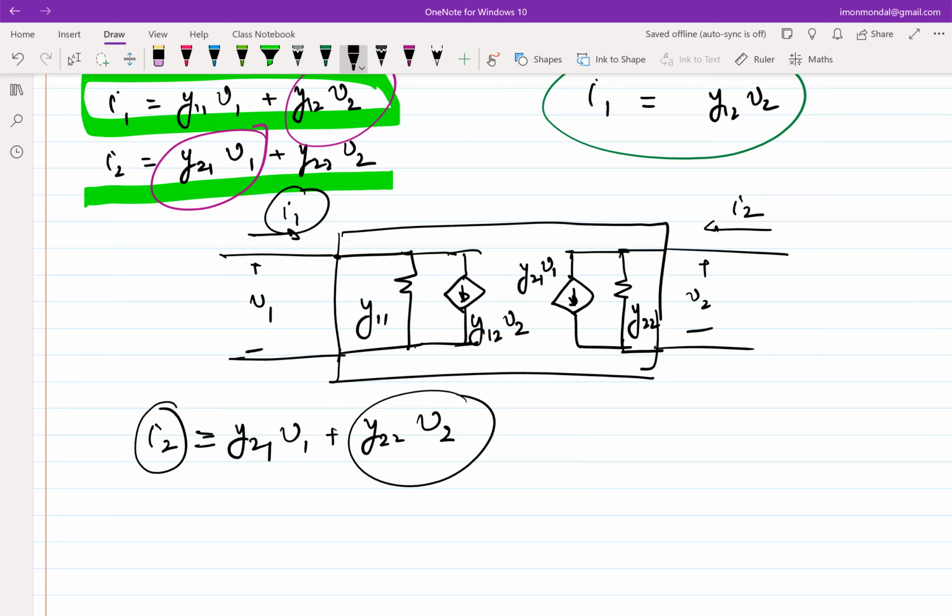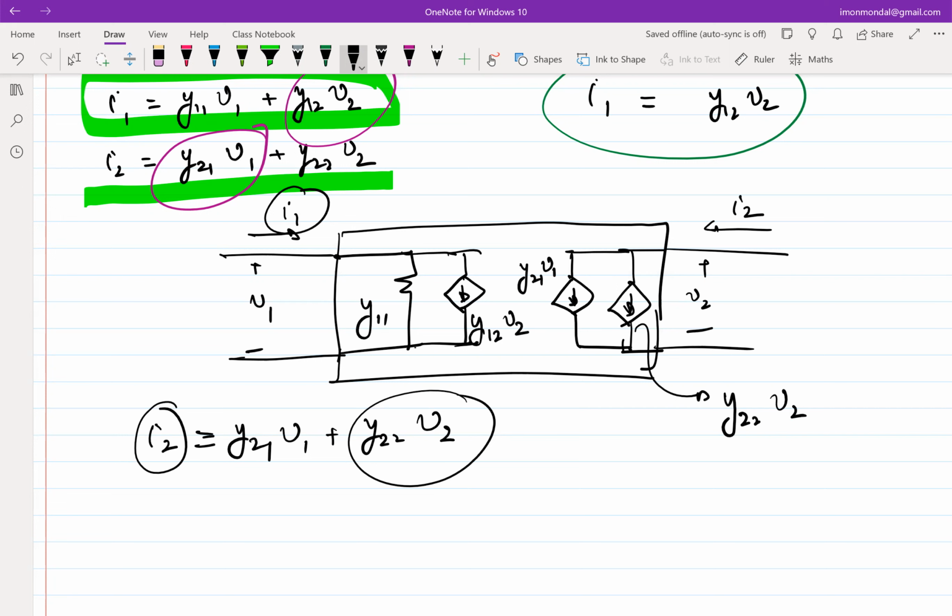You will also see later on that these types of configurations have a role to play, in the sense that instead of Y22, I could have said this is a dependent current source, and this is Y22 times V2. Right? So I could have said that, and no harm done. I have not done anything that is wrong, incorrect.